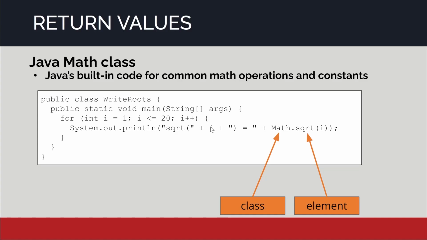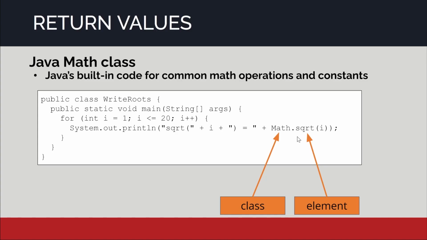All right, so let's look at our method here. In our main method, we just go from 1 to 20 in our for loop, incrementing by 1 each time. And then we print out the square root. This is our string concatenation syntax of i. And then we call the built-in Java square root method.